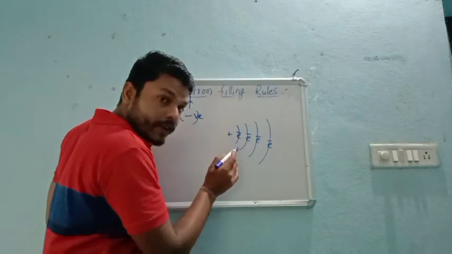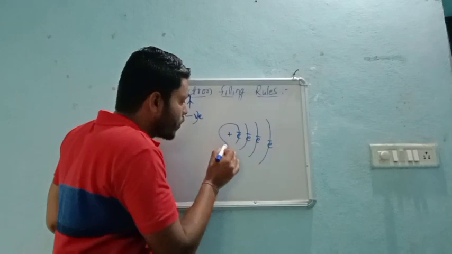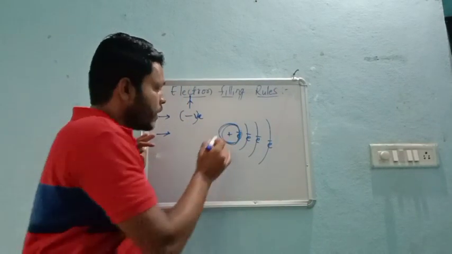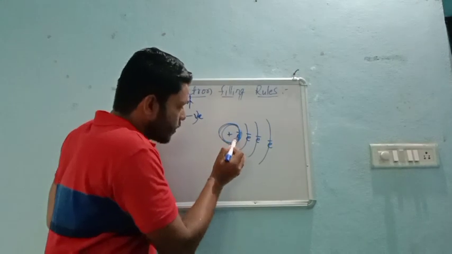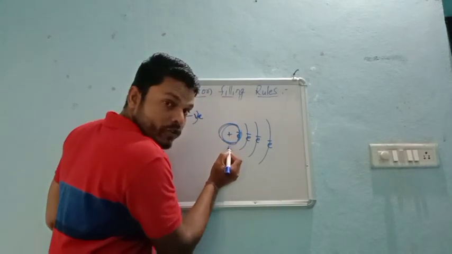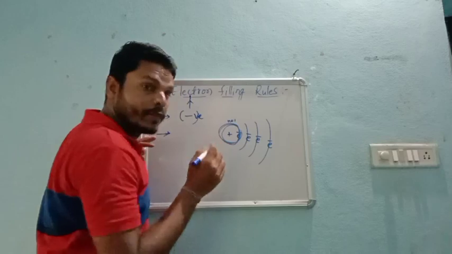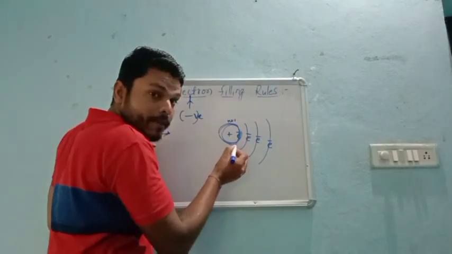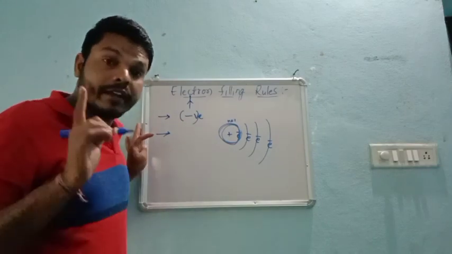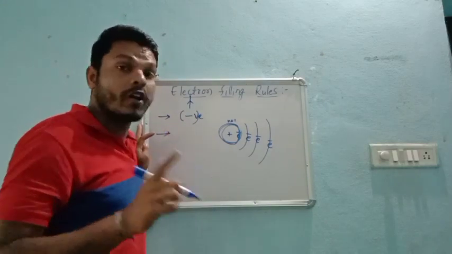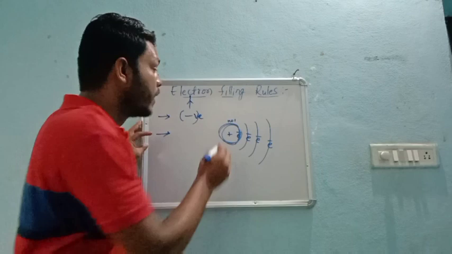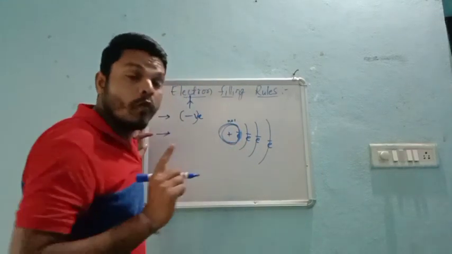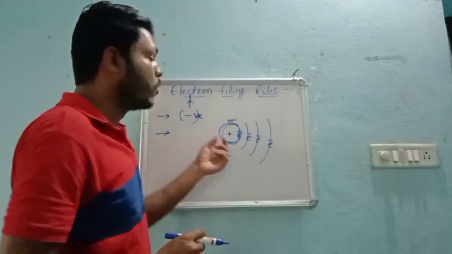Whenever an electron revolves around its particular shell, the electron which belongs to the n equals 1 shell, while revolving in that particular shell, it neither gains energy nor loses energy. Very important. Whenever the electron revolves in the same shell, it won't gain or lose energy.